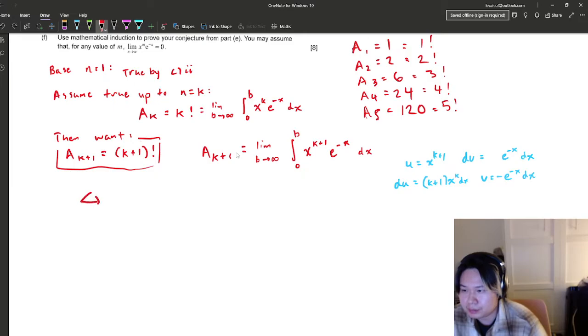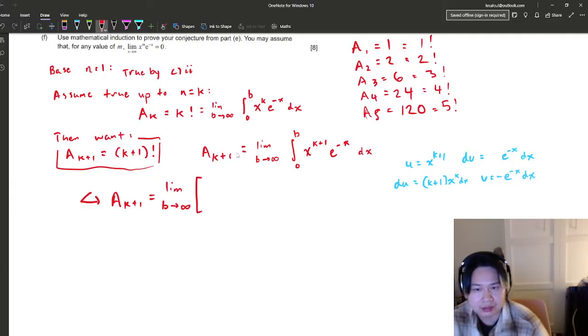So then I have this a k plus 1 is going to be the limit as b goes to infinity of a big integration by parts.